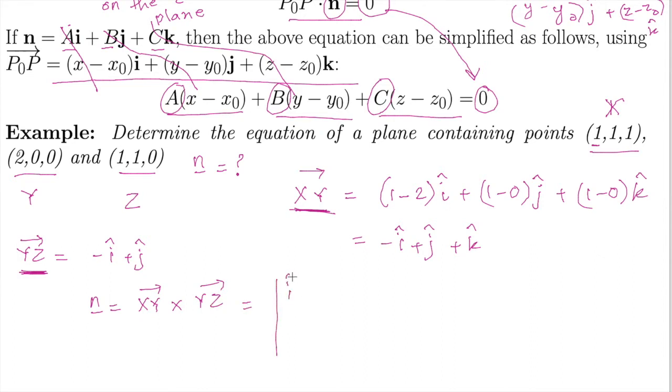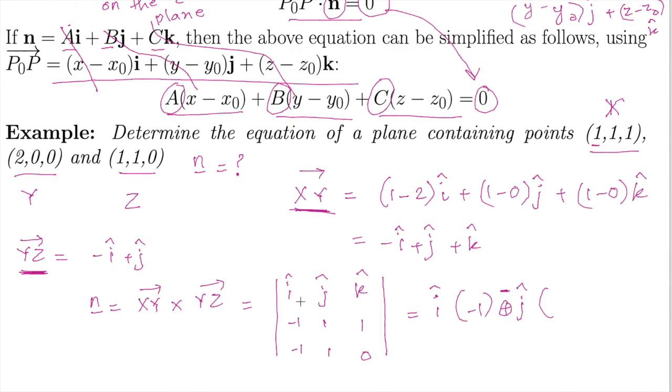So first of all we find n, which is equal to XY cross YZ, so which is equal to the determinant of i, j, k, minus 1, 1, 1, minus 1, 1, 0. So this is equal to what? For i, we will get 0 minus 1, so minus 1. For j, this should be minus, right?